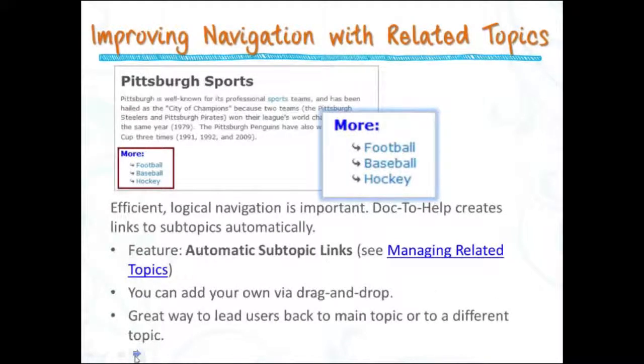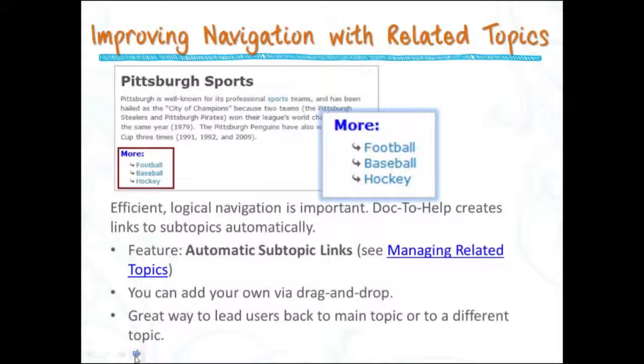Now, related topics. This is something that I think works really well on mobile devices, and really for anything, because I think navigation is really important in user assistance. In mobile, you don't want users to have to hit the back button constantly, especially because the back button varies on different mobile devices, and you don't know where it's going to take the user.